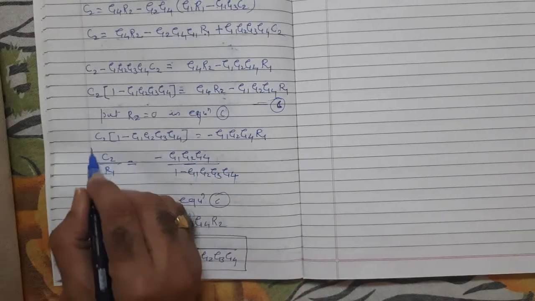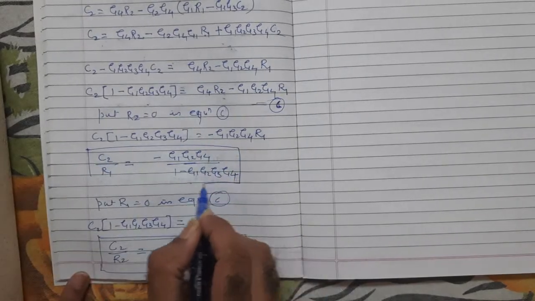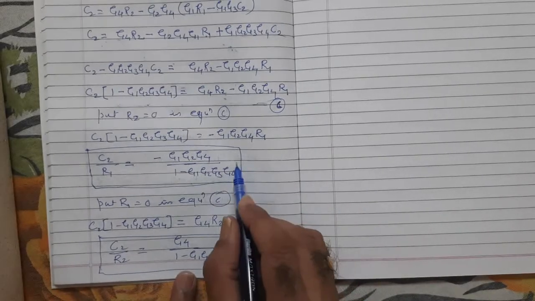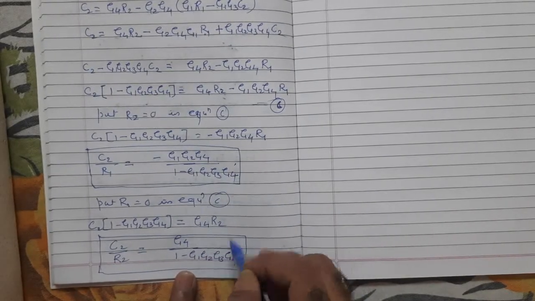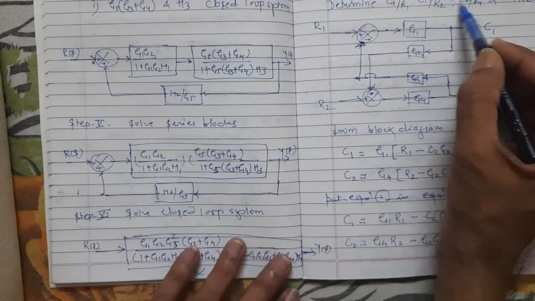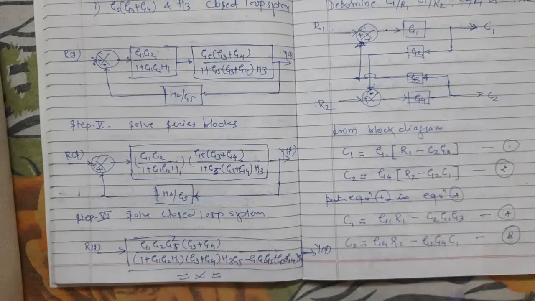This is our first solution, this is our second solution: C2 divided by R1 and C2 divided by R2 that we have calculated.